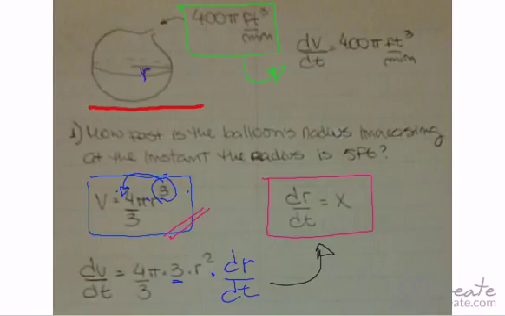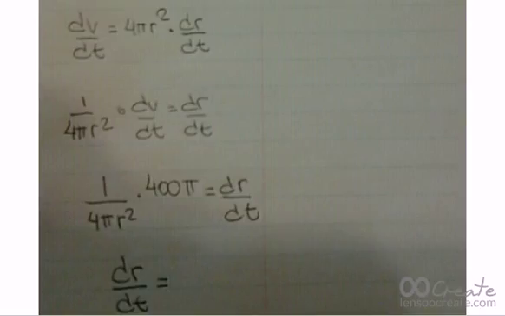So let's go to the second step. We know that the derivative of the volume with respect to t is 4 pi r squared times the derivative of r with respect to t. Since this is what we're looking for, I took my 4 pi r squared and moved it to the other side.